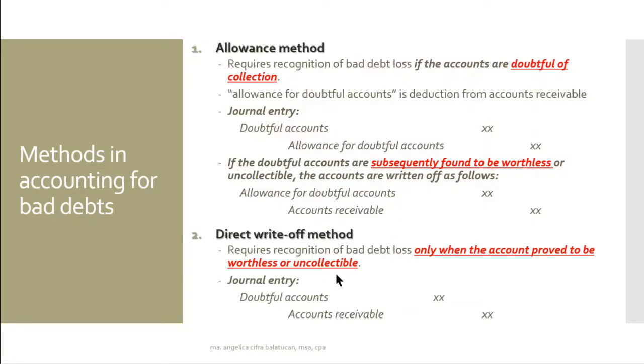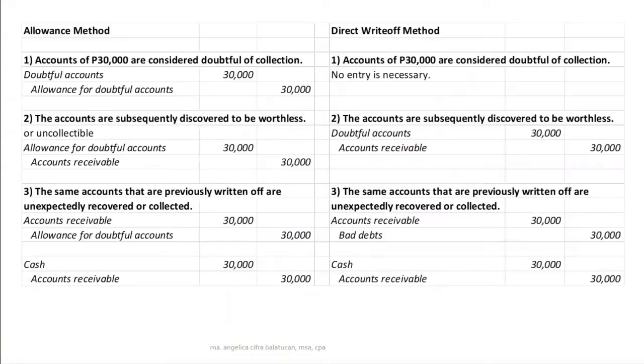So what would be the journal entry? Debit doubtful accounts and credit accounts receivable. So, look, they are different, because in the allowance method, allowance is used. In direct write-off, accounts receivable is used. So, example. I think they are the same transactions.